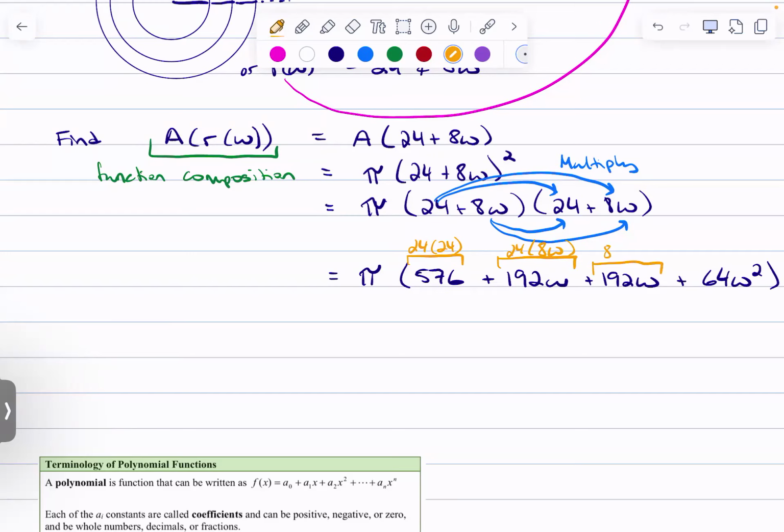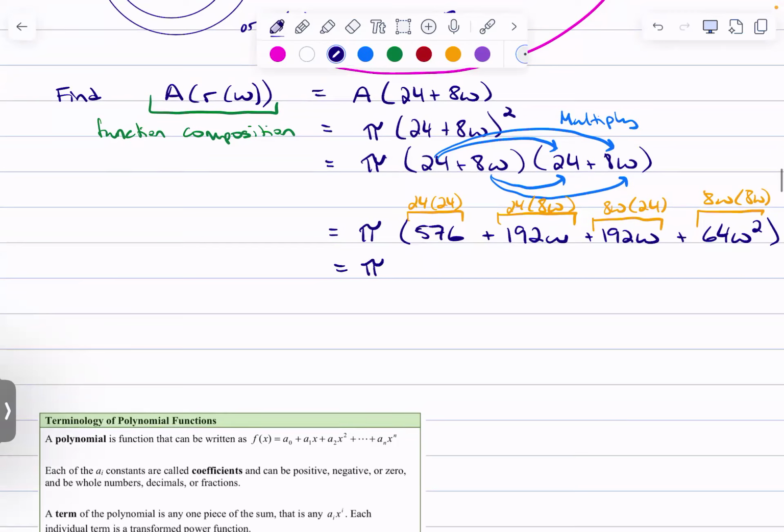This was 8W times 24. And this was 8W times 8W. That's where those came from. I know a lot of people are really fast at expanding. I'm not one of them, so you have to suffer through it with me. Keeping that pi on the outside still.